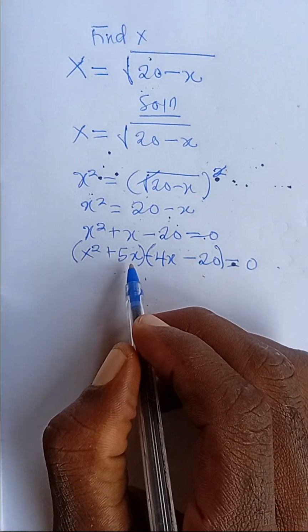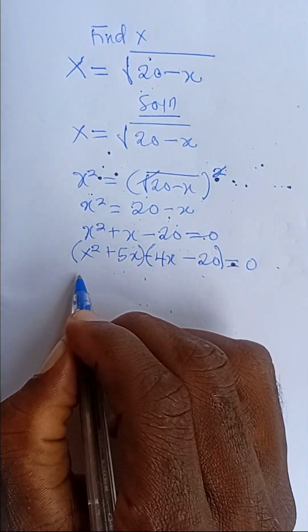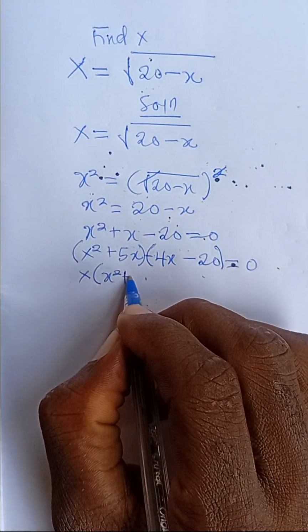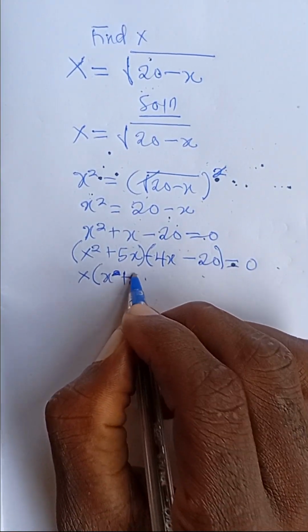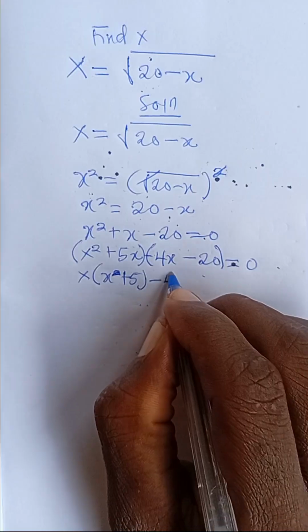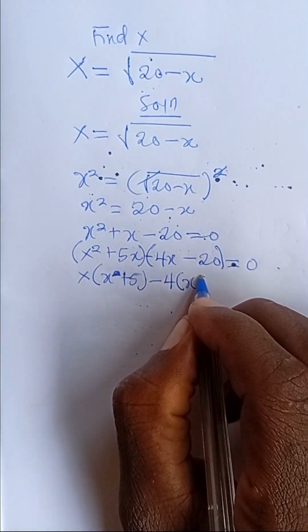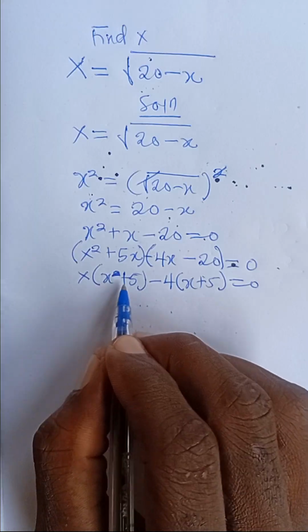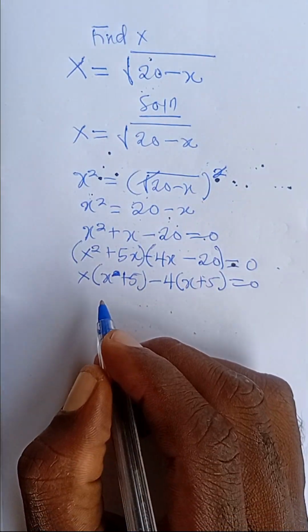x squared plus 5x, we can factor x out. So just write x, bracket x plus 5, minus, we can factor 4 out, then x plus 5, is equal to 0. We have x plus 5, x plus 5, we can factor it out.